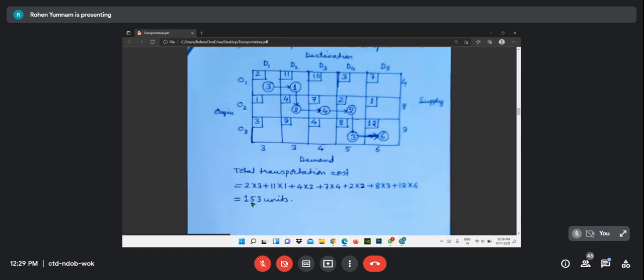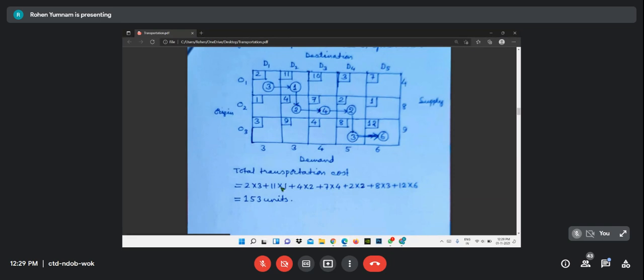Okay, now we have to calculate the total cost of transportation. Cost of transportation we will calculate in this way. 3 articles are transported from O1 to D1. Cost is 2. Then it will be 3 into 2, 6. It is given here. And for this the cost is 11. 1 article is transported from O1 to D2.